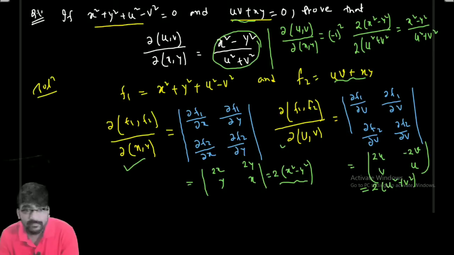Now let us see the application of the Jacobian when we transform the area element or the volume element from one coordinate system to another.